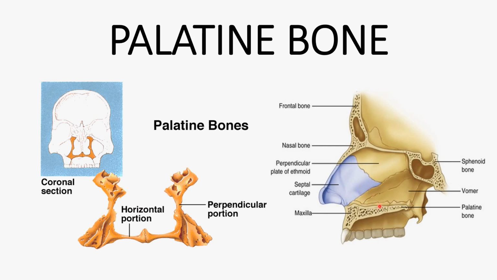This is the perpendicular portion and the horizontal portion. You can see here the palatine bone, which makes the posterior portion of the horizontal plate and floor of the nasal cavity.